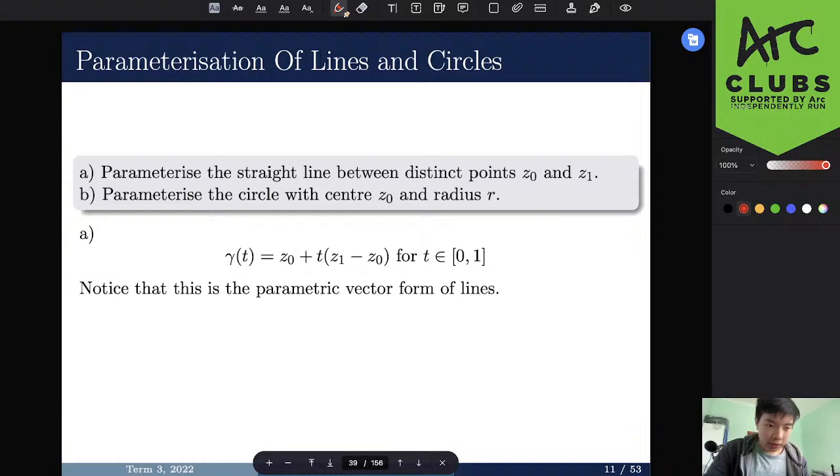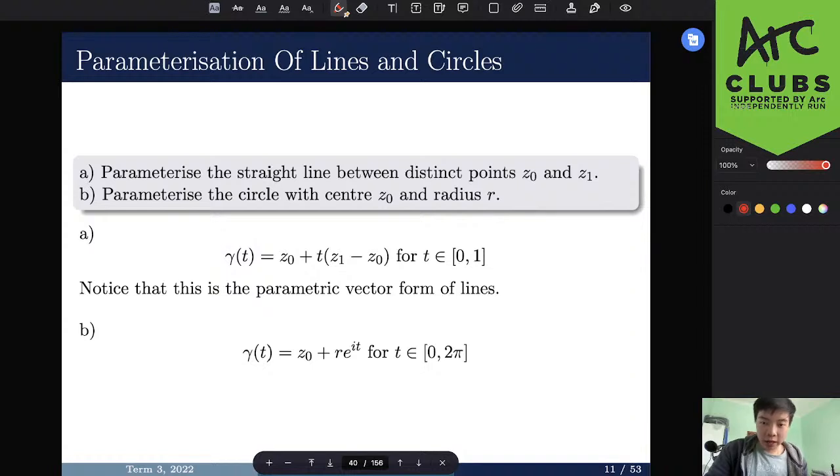And you might notice that this is actually just the parametric form of a line, where the starting point is z0. So if you sub in t equals 0, this becomes a 0 right here, so we're left with z0. And then of course if t is equal to 1, we get z0 plus (z1 minus z0). These cancel, and so in the end we get z1. And so what that means is it's a line, it starts at z0 and ends at z1, and of course it's a straight line.